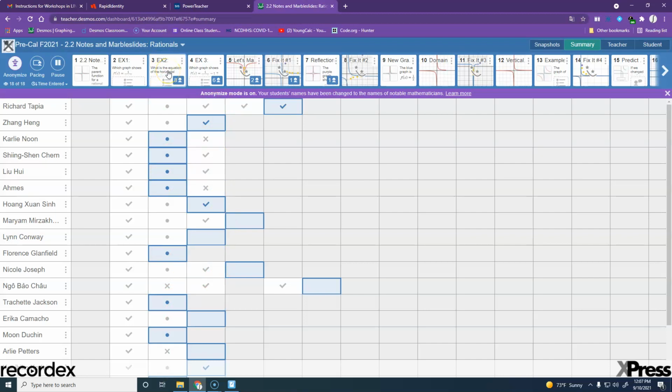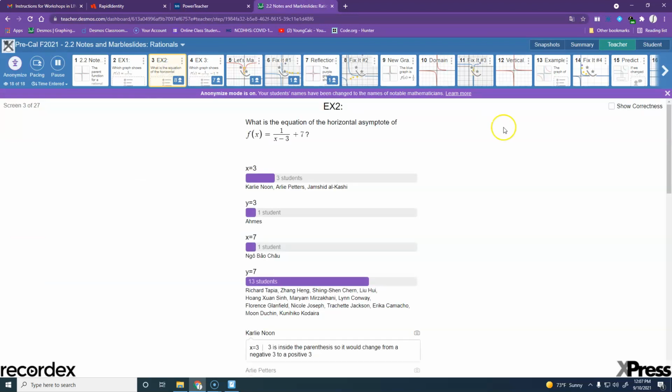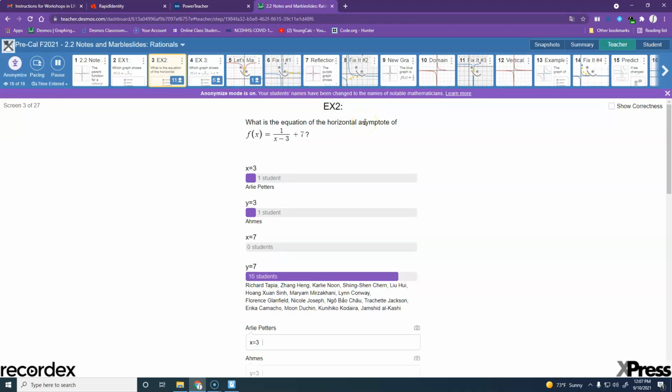Alright. Looks like most everybody's done with example 2, so let's look at it. Most everybody picked y equals 7. That is correct. So y equals 7 is, first of all, a horizontal line. A horizontal line always has the equation of y equals, so you may want to add that to your notes.